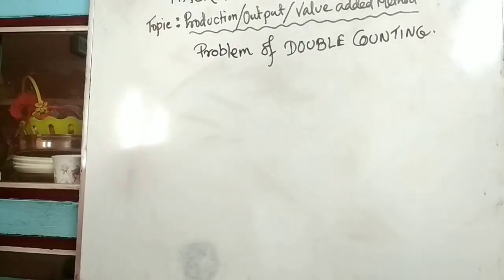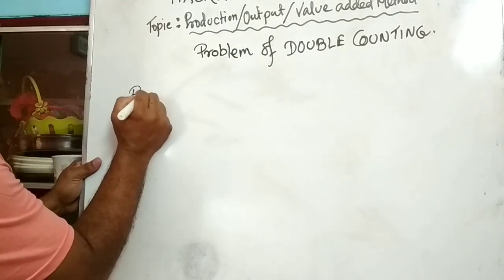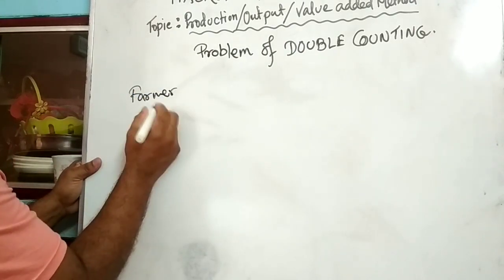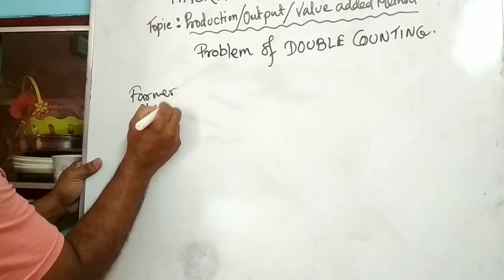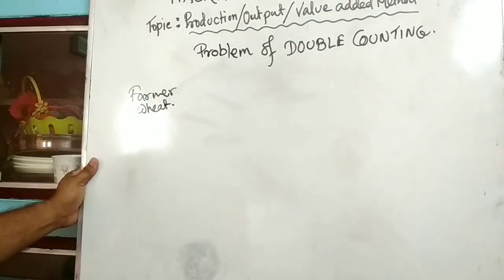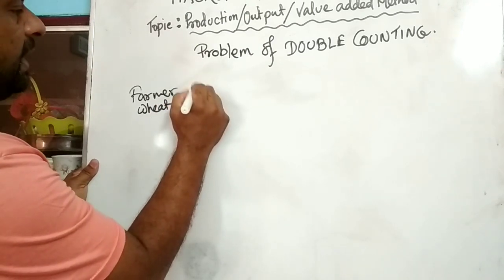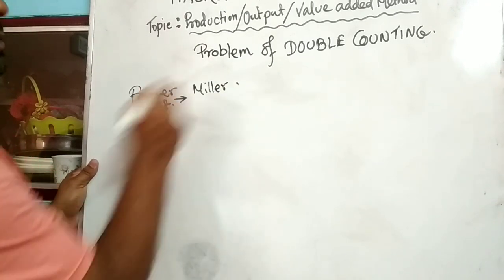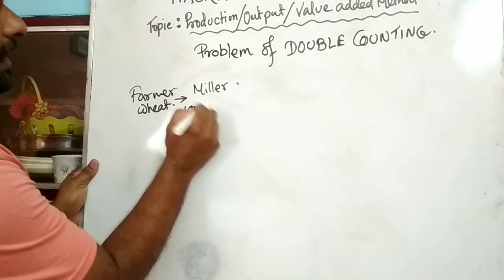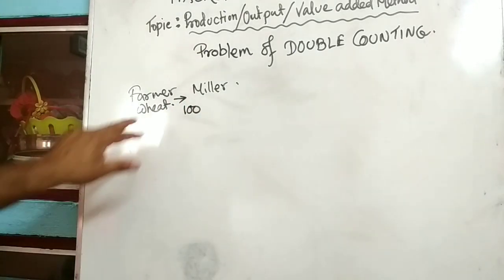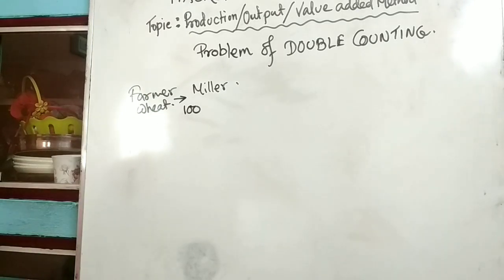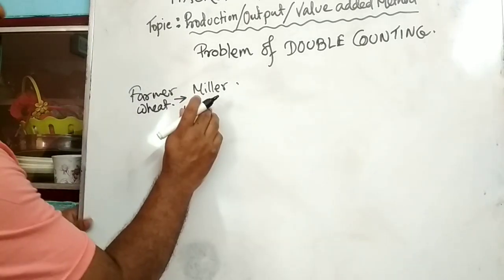For example, suppose a farmer produces wheat and sells it to a flour miller at 100 rupees.